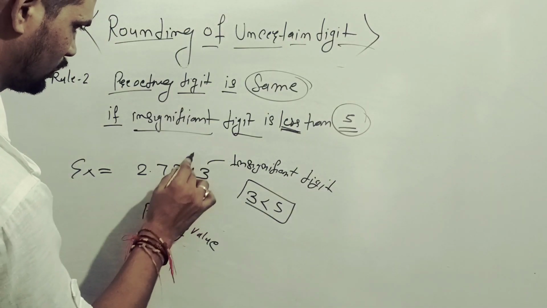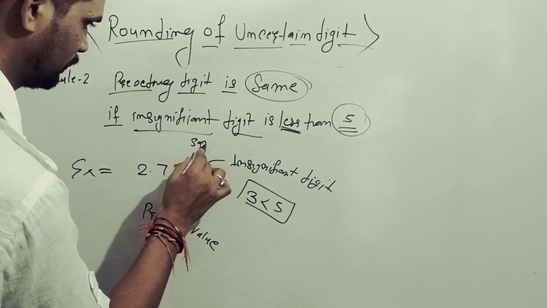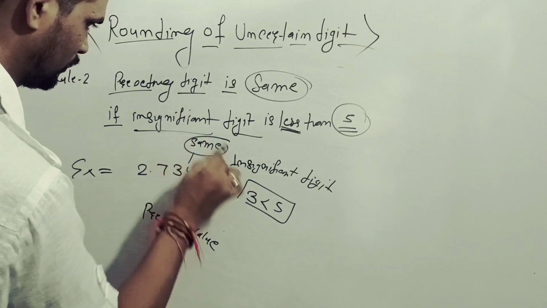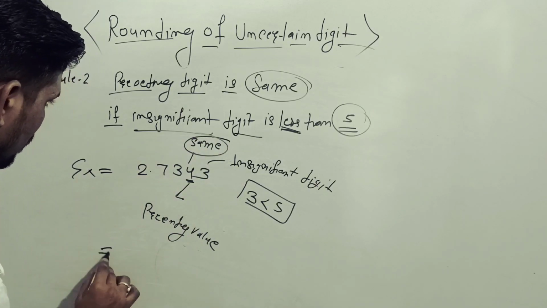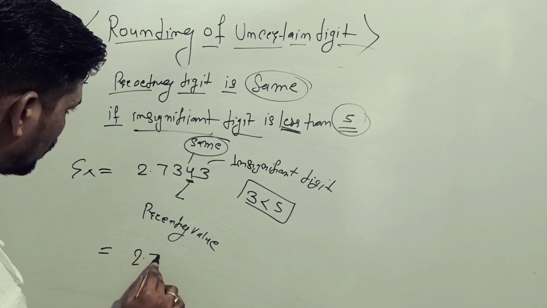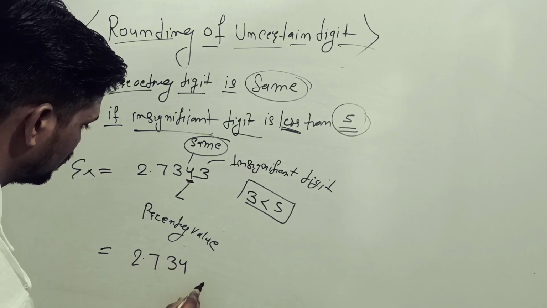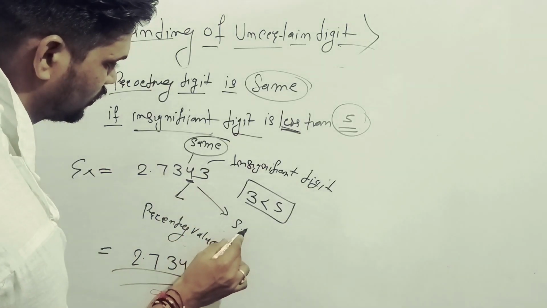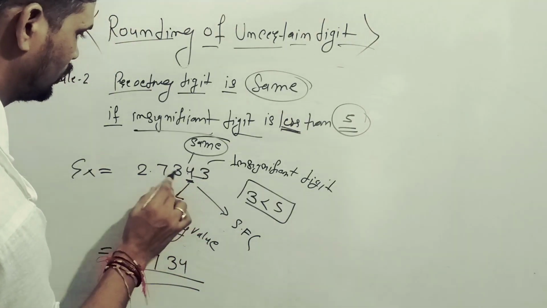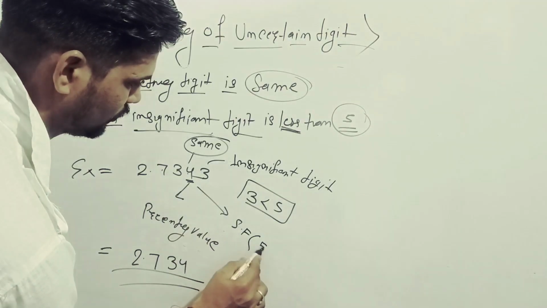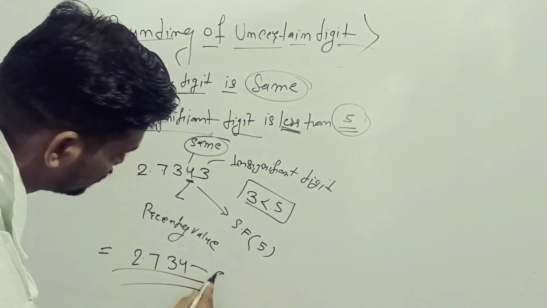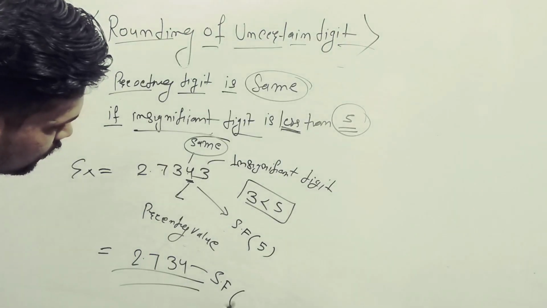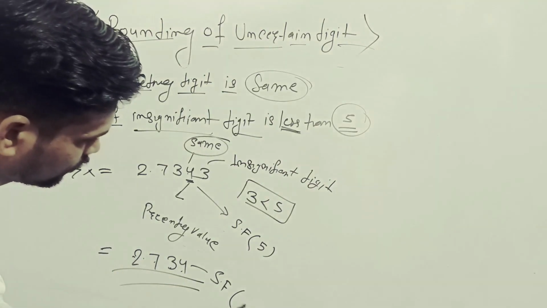Then the 4 stays the same, and the 3 is dropped out, and the resultant is 2.734. The significant figures of the original number are 5, and after rounding, the significant figures are 4.